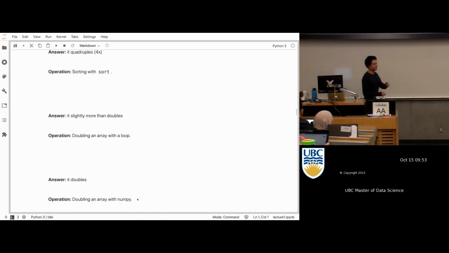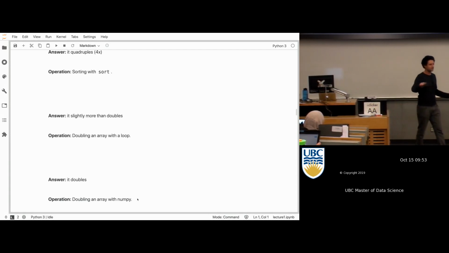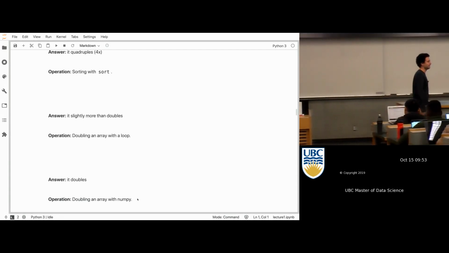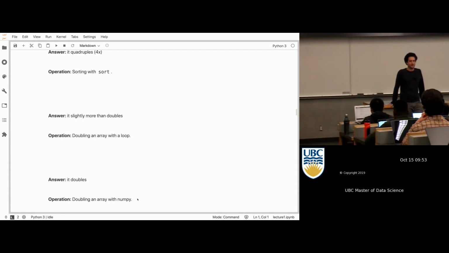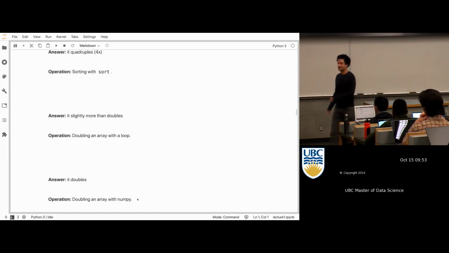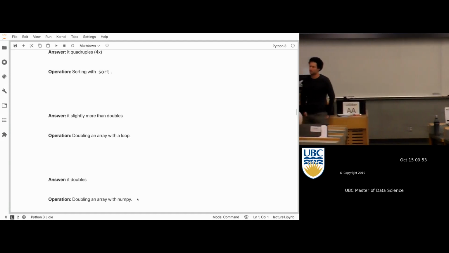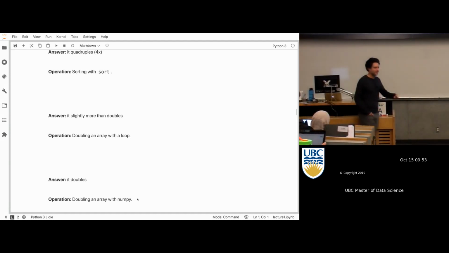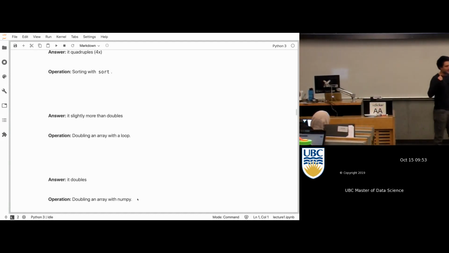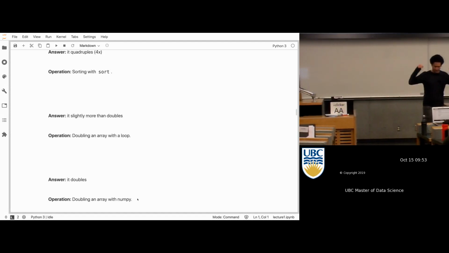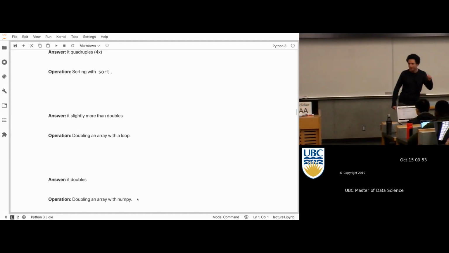And how about the last one? So this NumPy times 2 thing that was super fast, what do you think happens there if I double the size of the array? Remains the same. Remains the same. Anyone else? So it also doubles. Because again, I still have to multiply every number by 2. The amount of stuff I have to do, I had this many numbers, and I have to do that amount of work to each one.